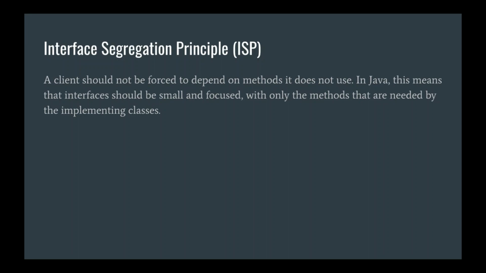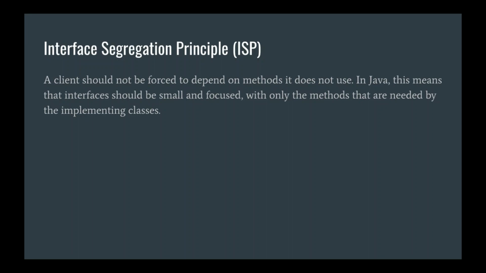You should segregate that interface into two different interfaces, and then implement those interfaces within the classes where you need them, and only implement the ones that you need for those specific classes and features.